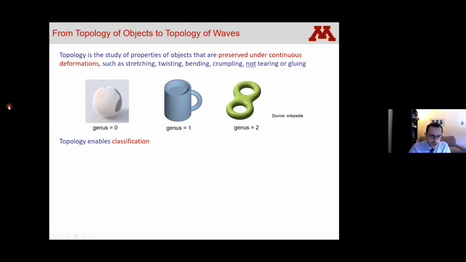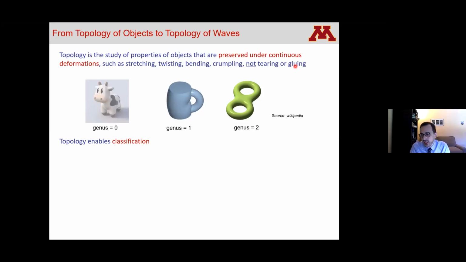Topology is essentially the study of the properties of objects or shapes that are preserved under continuous deformations. By continuous deformation, I mean the following: stretching, twisting, bending, crumpling, but not tearing or gluing. So essentially everything that does not involve piercing new holes in a solid or stitching parts together.